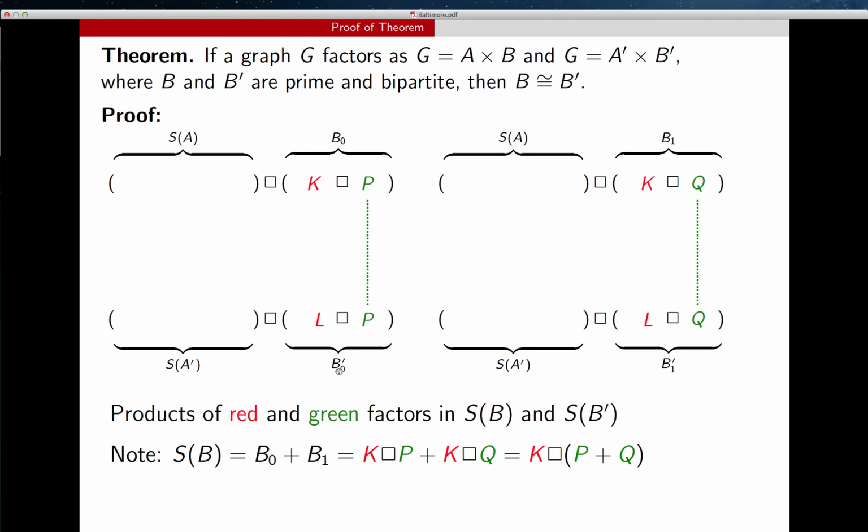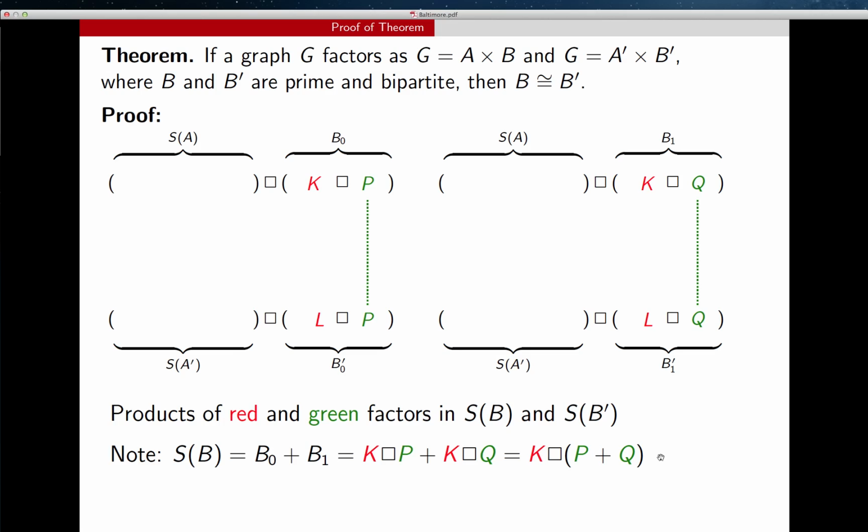And we see here that's K box P plus K box Q. We have an identical factor of K in each of these terms, which we can factor out over the Cartesian product: K box (P plus Q). The skeleton of B factors as K box (P plus Q).